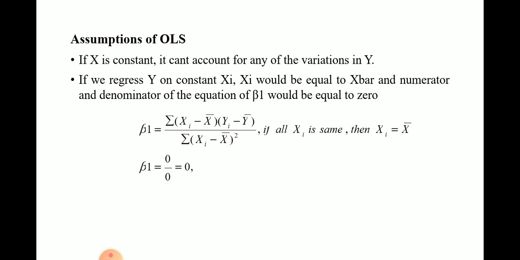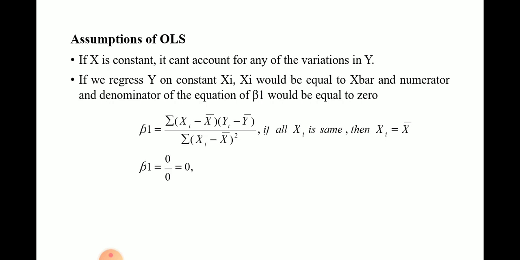Why are we assuming this? Because when all the x values in a sample are the same, x bar will also be the same. In the equation of beta 1, which is sigma of x minus x bar into y minus y bar, the numerator and denominator become 0, so beta 1 would be 0 divided by 0.